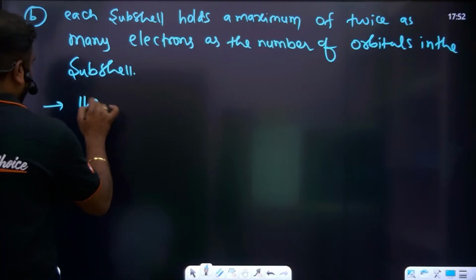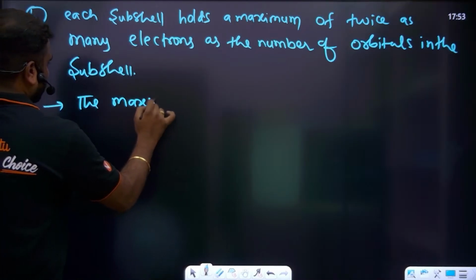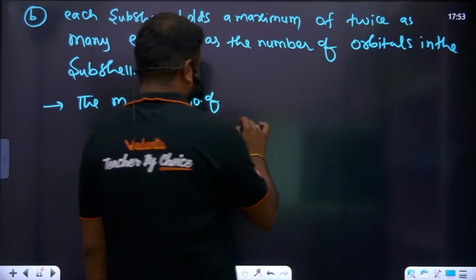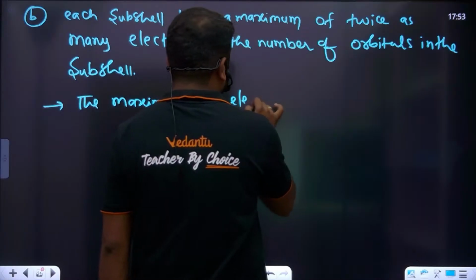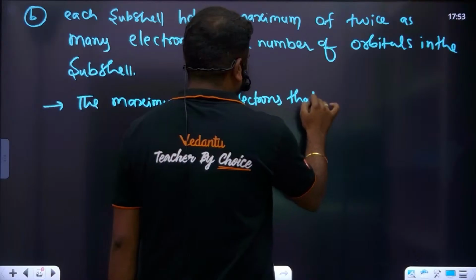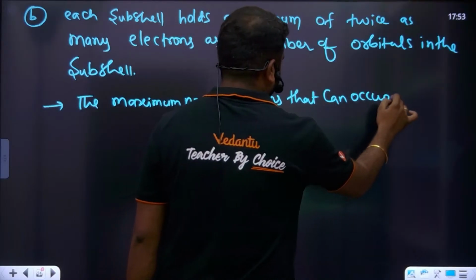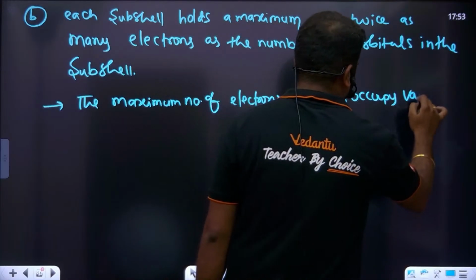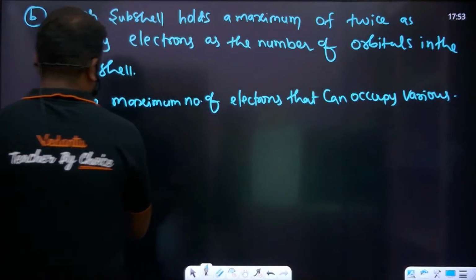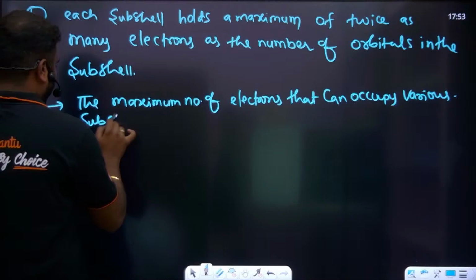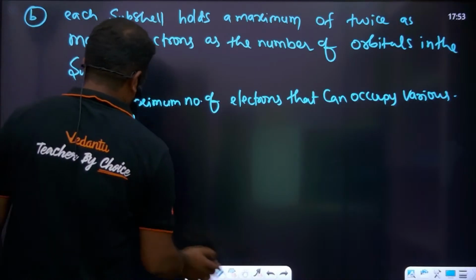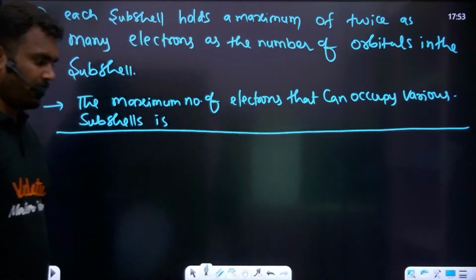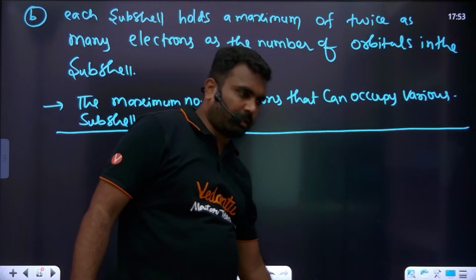The maximum number of electrons that can occupy various subshells is, what we can say here, for subshells: 2 electrons, 6 electrons, 10 electrons, 14 electrons.